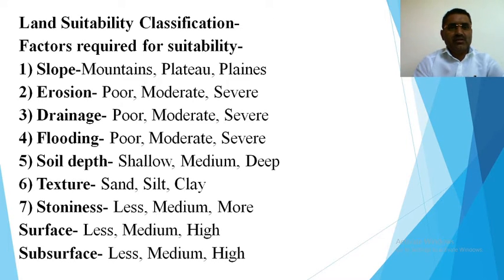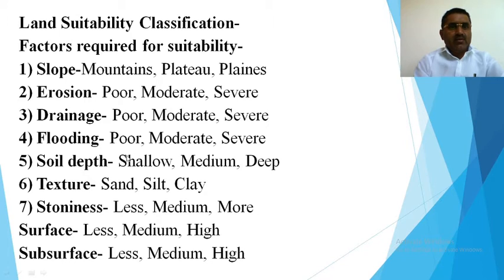If moderate drainage is there, then there is medium possibility or suitability for crop production. If there is severe drainage, it means water is completely retained by the soil, then there is no suitability for the practice of agriculture.